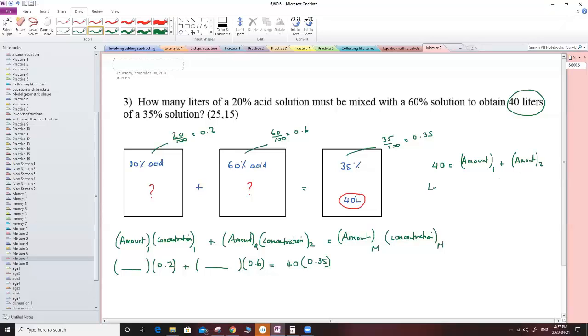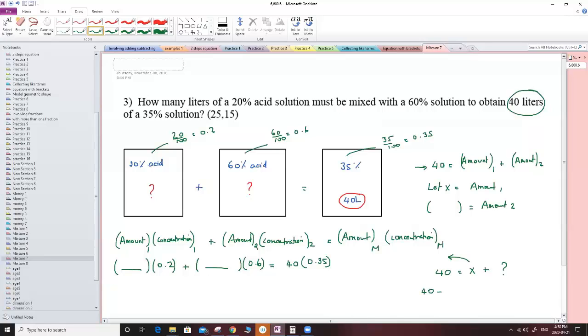So if I say let X equal the amount of solution 1, I can find the amount of solution 2 by using this equation. If 40 equals the amount of solution 1, which is X, plus the amount of solution 2, which is unknown, I can isolate the unknown by moving the X to the other side.